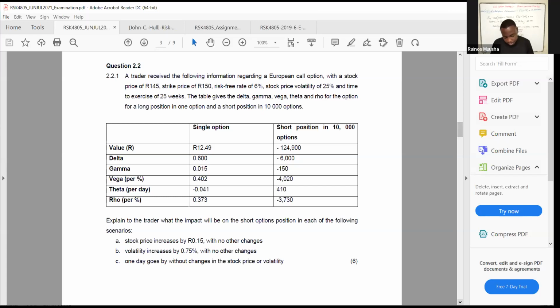And then they say, explain to the trader what the impact will be on the short options in each of the following scenarios.